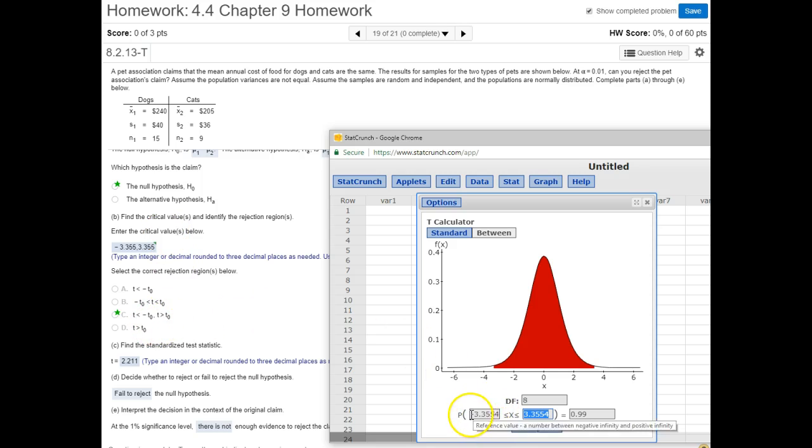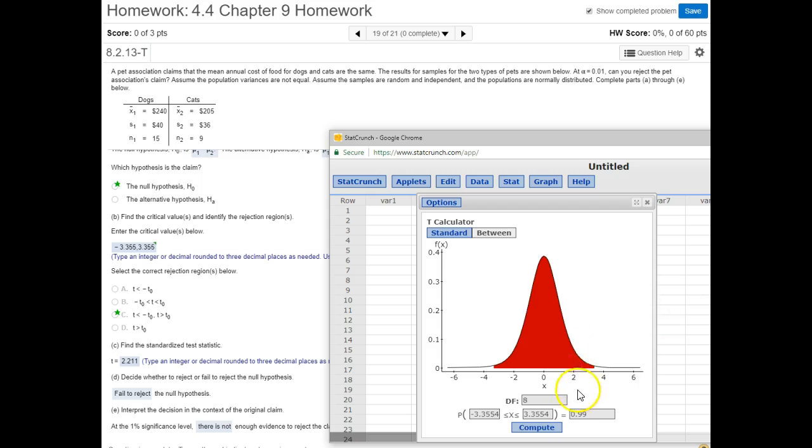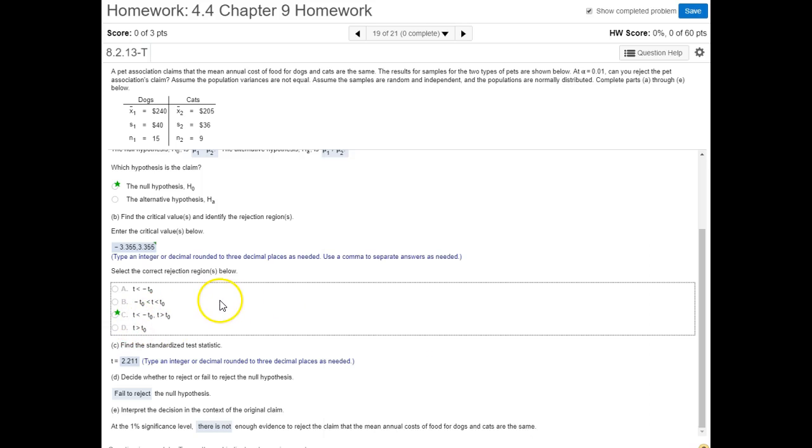So this is negative t sub 0. This is t sub 0. So the critical region is t values less than negative 3.355 and t values greater than 3.355. So that would be option C.